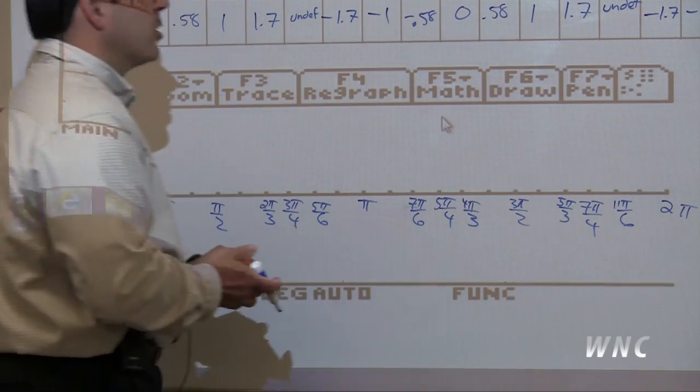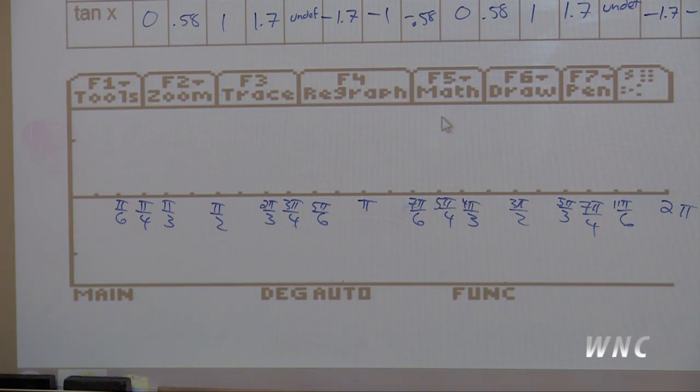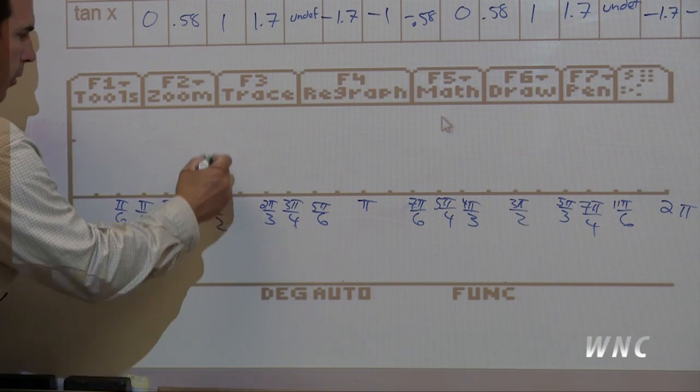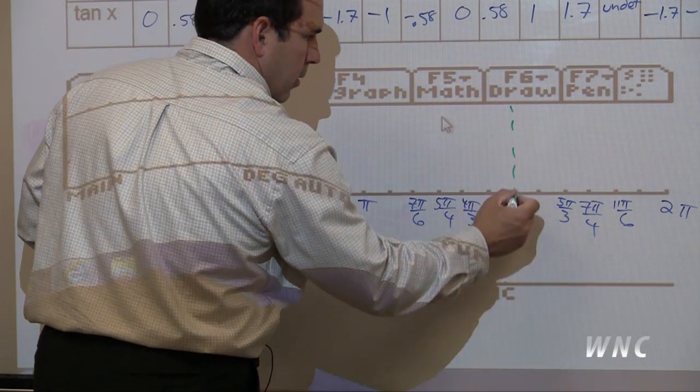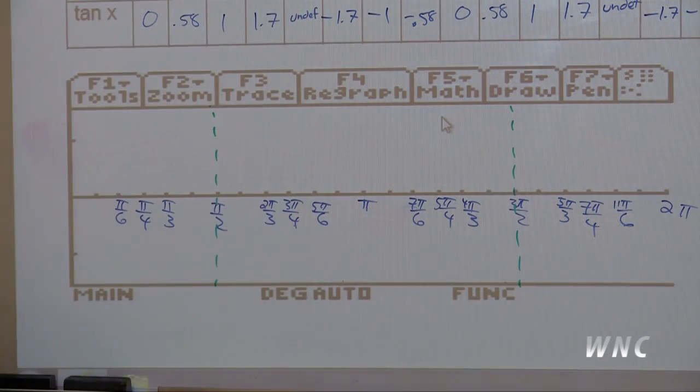Okay. So notice we had two places where this was undefined. It's undefined at pi over 2 and at 3 pi over 2, as we saw before with the secant, because those are places that cosine is 0, and cosine's in the denominator here.